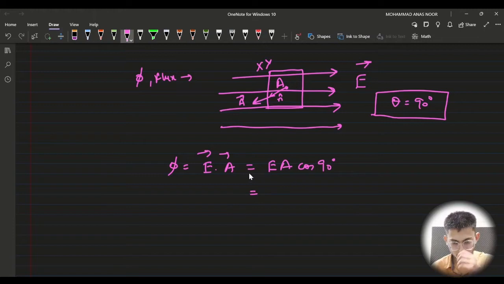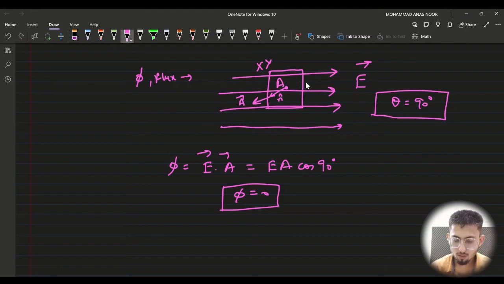Because theta is the angle between the normal vector and this electric field, which is obviously 90. And cos 90 we know is 0. Phi would be 0, no? Zero. It was obvious from the inspection that this area is not cutting the electric field lines.